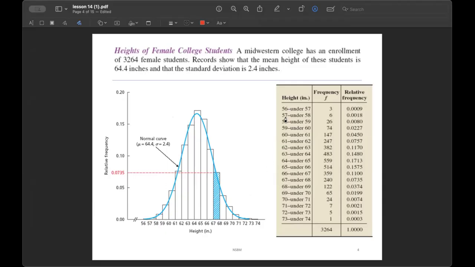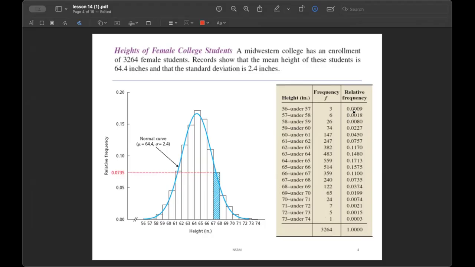Here, 56 or under 57 has a frequency of 3, and 57 or under 58 has a frequency of 6. Likewise, we can calculate the frequencies and also the relative frequencies, that is 3 over 3,264 and then 6 over 3,264. Likewise, we can calculate the probabilities as well.